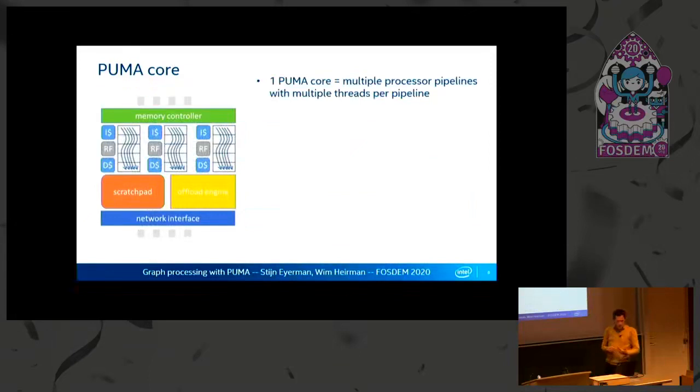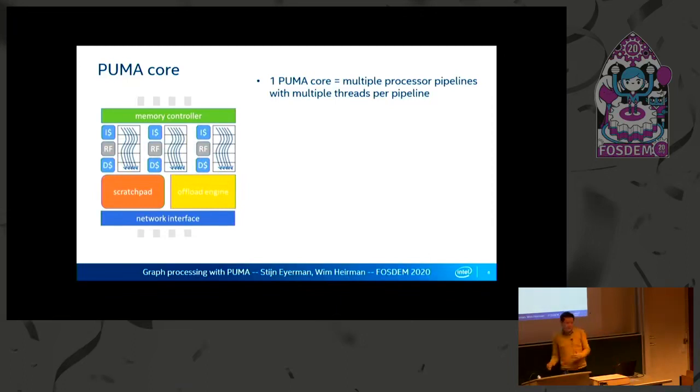So going into a little bit more architectural detail of a single PUMA core. That's a schematic overview of a single PUMA core. It consists of multiple pipelines. Each of these are pipelines. Each pipeline supports multiple threads. Why? Like the previous presenter said, most of the time we are waiting for memory operations.